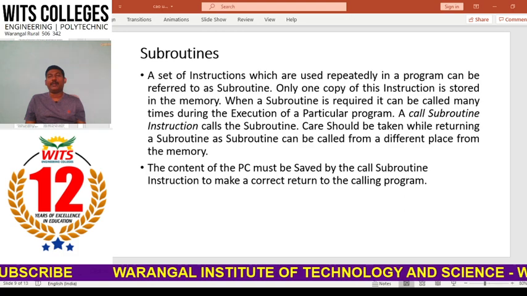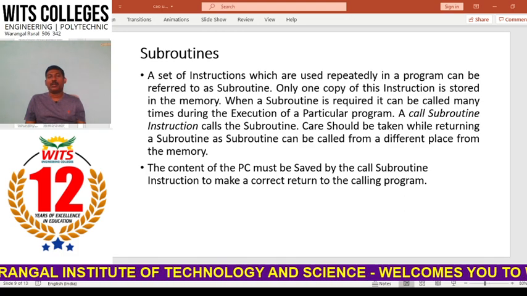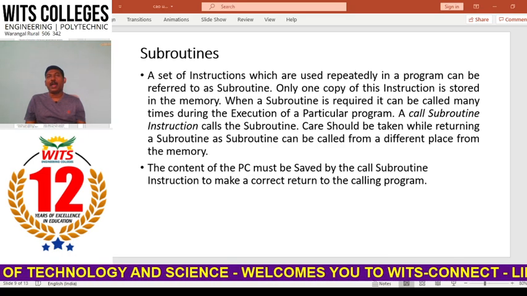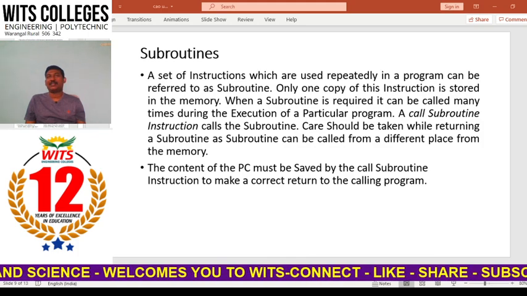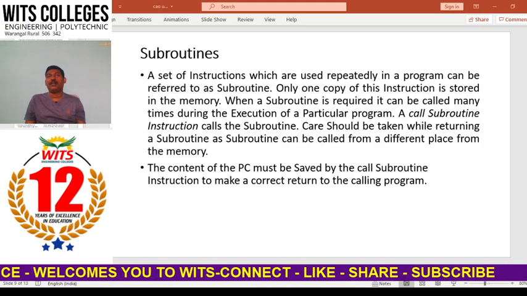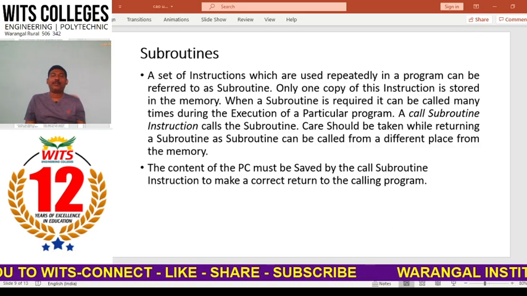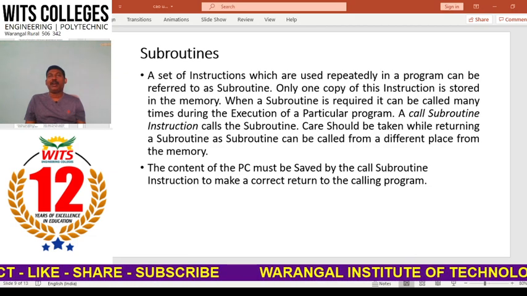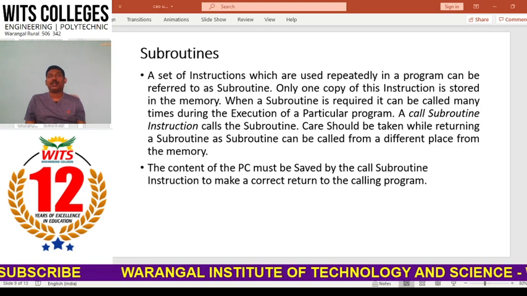A call subroutine instruction calls the subroutine, and care should be taken while returning from a subroutine, as a subroutine can be called from different places in the memory. So a subroutine can be called by using the call instruction, and it should be returned; this is the major procedure in the subroutine.